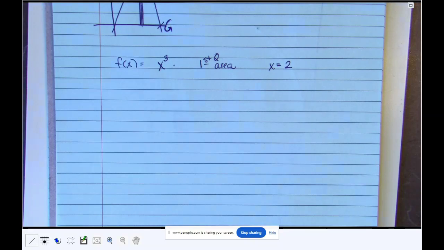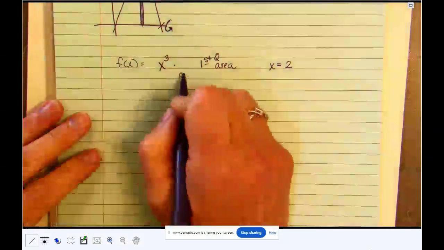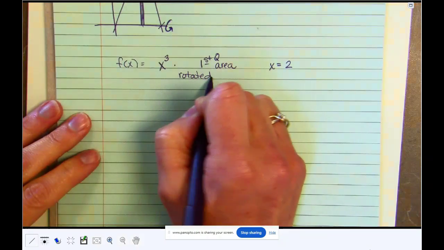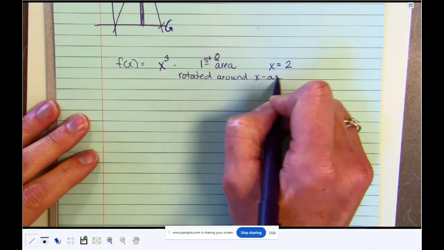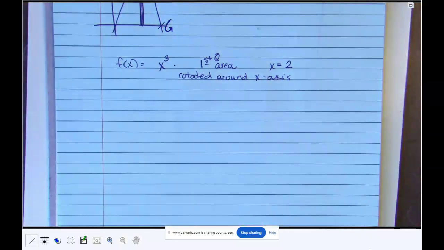Just like the rest of them, it's probably a good idea for you to draw a picture. And I have to give you more information. We're rotating this around the x-axis.